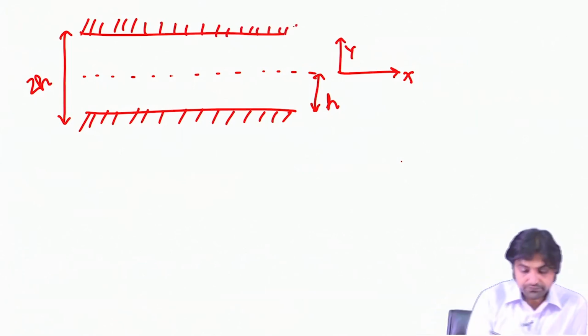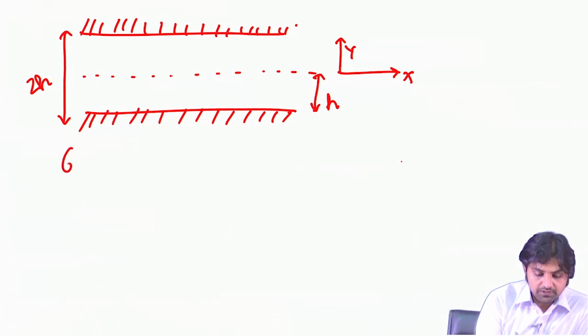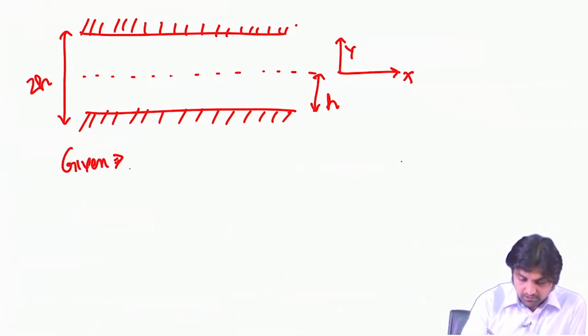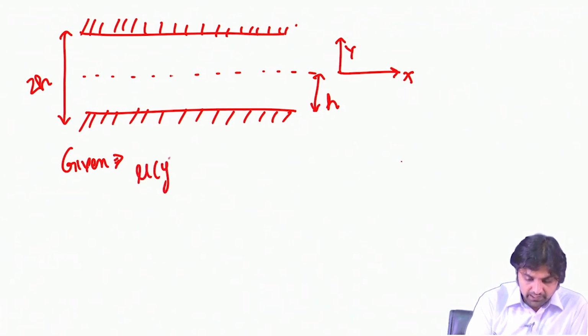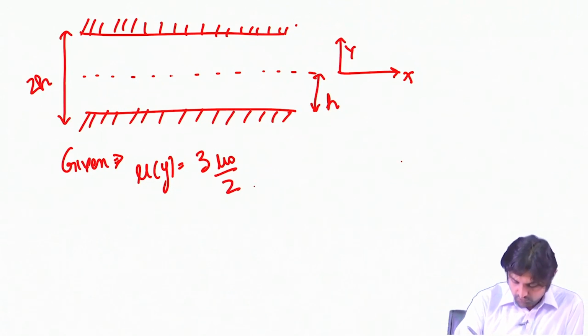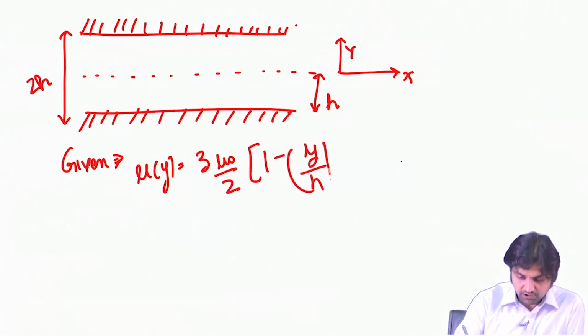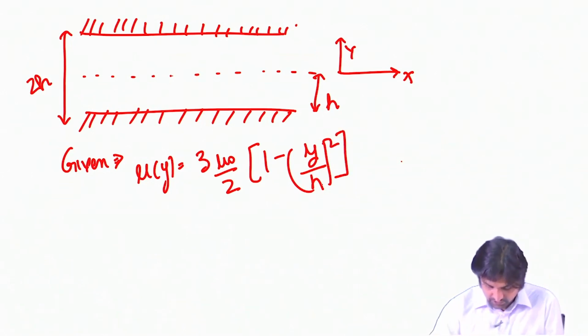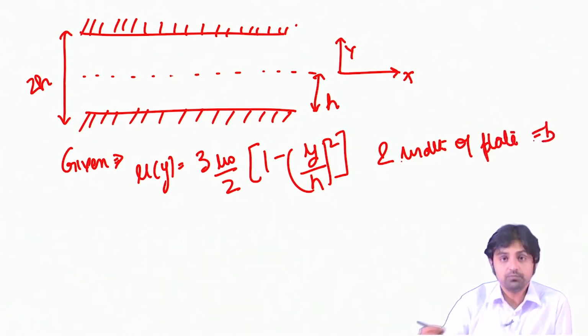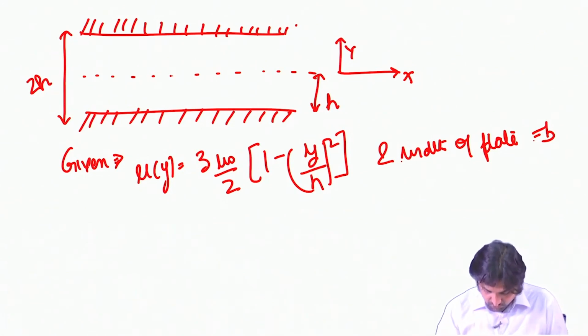All right. So what we have been given is u of y can be written as 3 u naught by 2 into 1 minus y by h whole square, and width of plate is equal to b. This we have already been told.